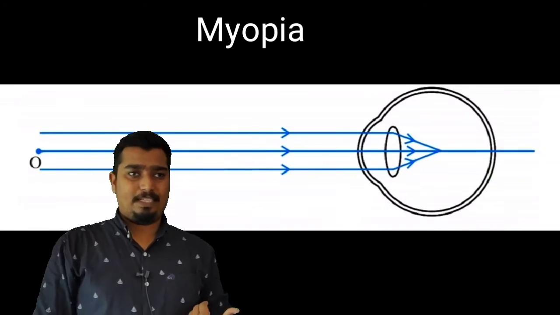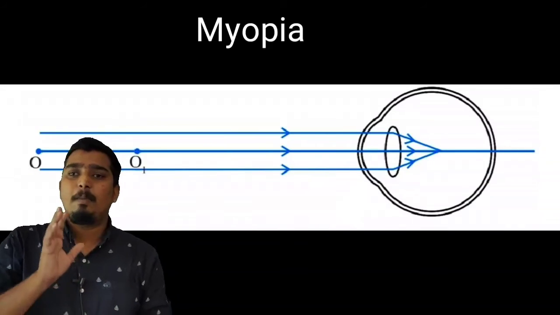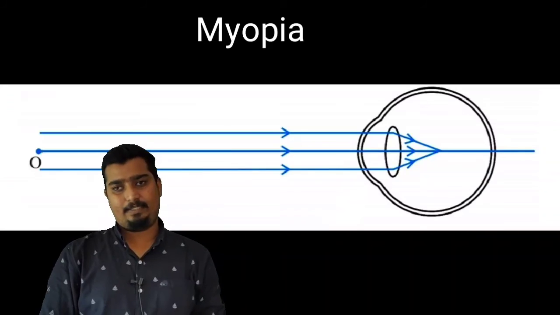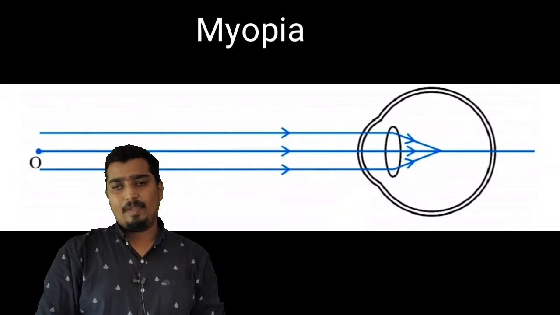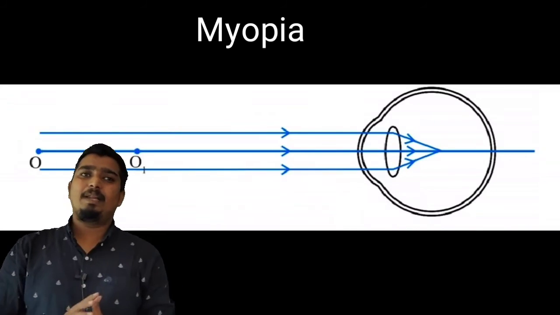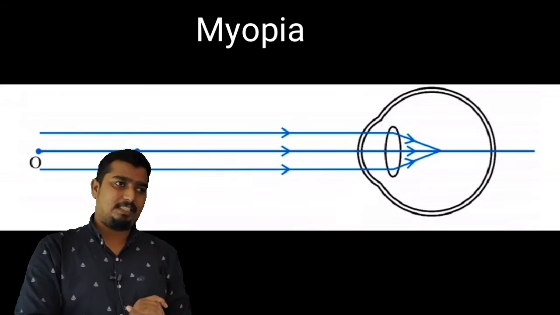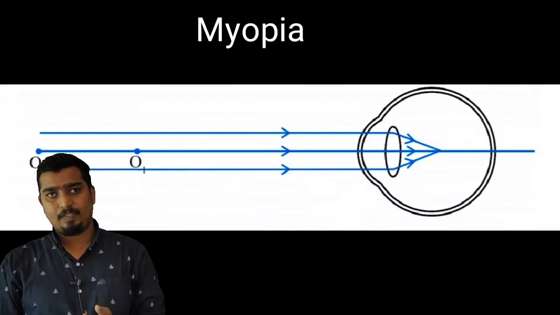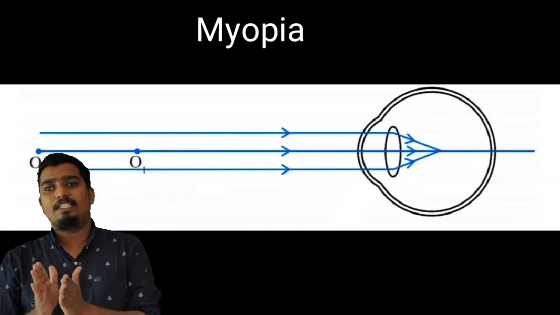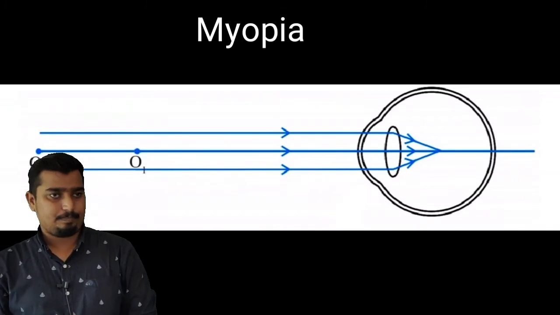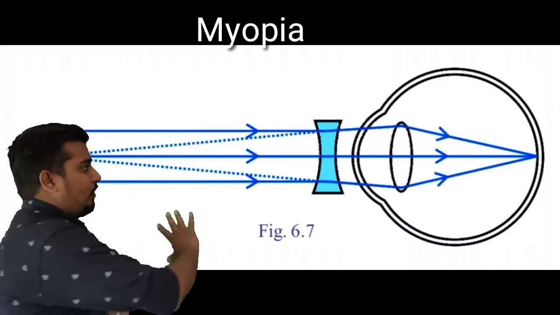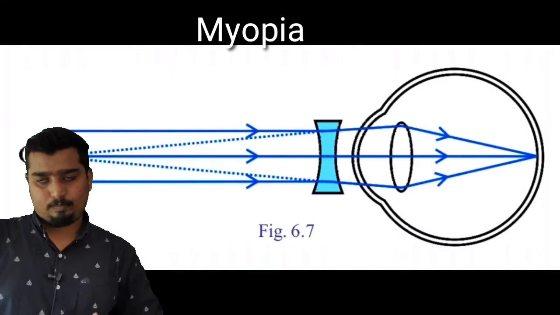This type of defect is called myopia, or short sightedness or nearsightedness. In this case, the far point of such a person will not be at infinity. It will be at a definite distance from the eye. This is the ray diagram of the defective eye.